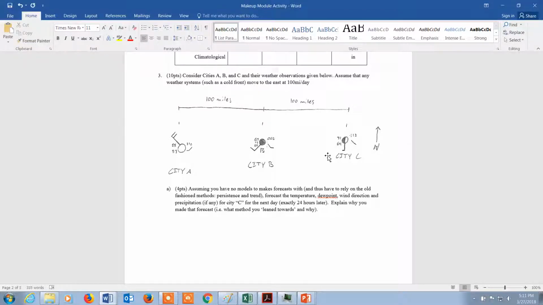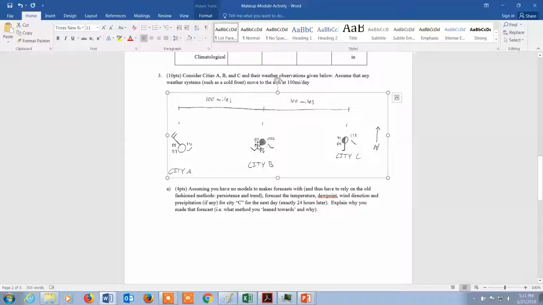Well, it's tricky, but it's actually not that bad. So let's talk about it. Immediately I say, assume that weather systems move to the east at 100 miles per day. What I'm basically saying here is whatever the weather is in, say, City B, that weather is going to travel east at 100 miles per day.